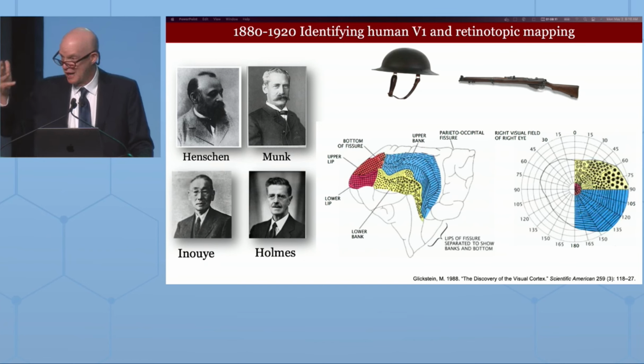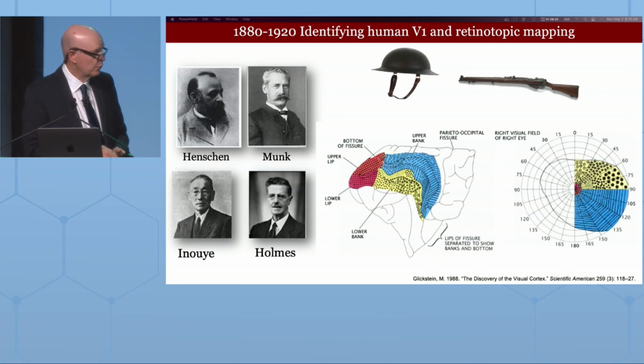Fascinating story, but over time it evolved, and a lot was learned from Henschen, Inouye, and Holmes, so that by the 1920s, we actually had a very decent understanding of where visual cortex, primary visual cortex, was located, and the retinotopic map that was there.